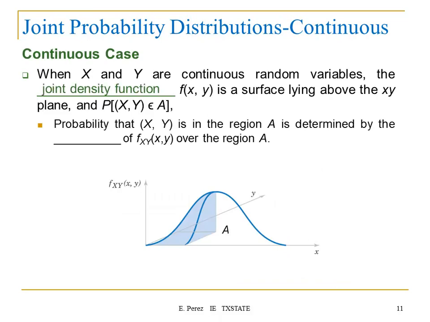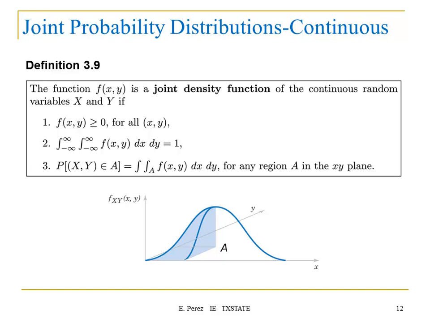For the continuous case, we define the joint density probability distribution as the double integral for the area A. So for the discrete case, you look at the summation of both variables. For the continuous case, you look at the integral. Okay? So it's a double integral.